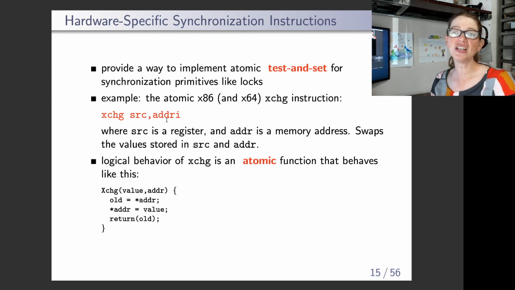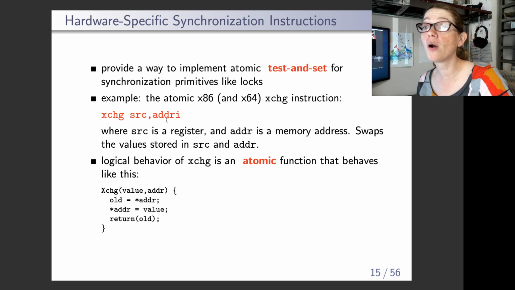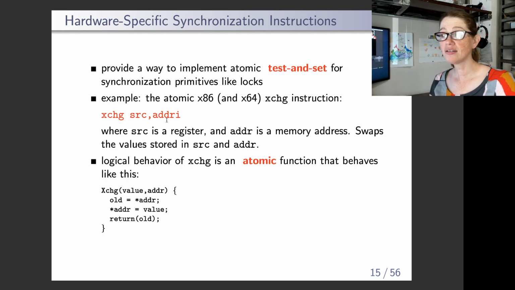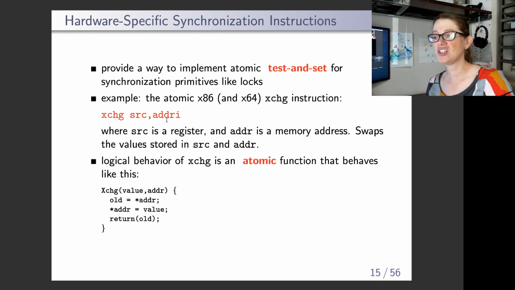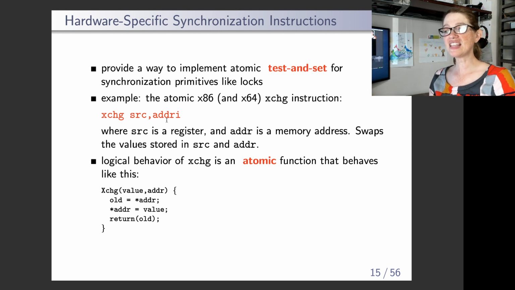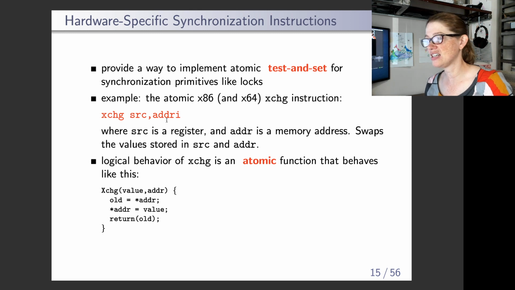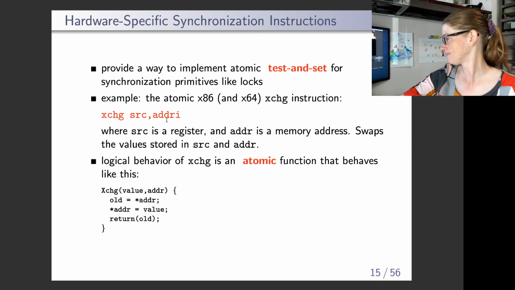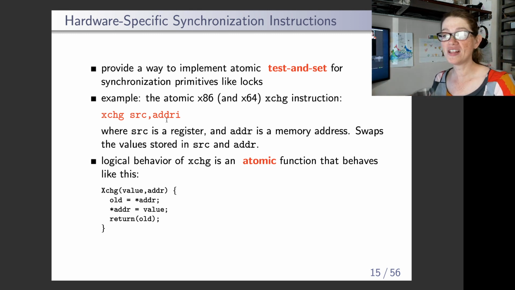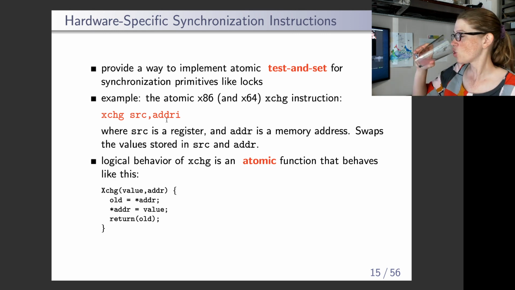And since I can't really do that in C efficiently, I need my hardware to provide an atomic test and set for me. Most modern architectures, since the dawn of concurrency, have been doing this. And in x86 or x64, so that's the Intel-based architecture, not a RISC-based architecture, they offer one such instruction called exchange.